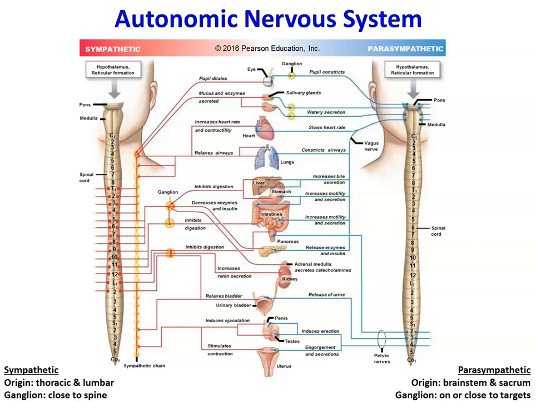You folks have to memorize where sympathetic neurons come out and where the parasympathetic neurons come out, because this is useful information. What if you or someone you care about falls down the stairs and loses some type of function?